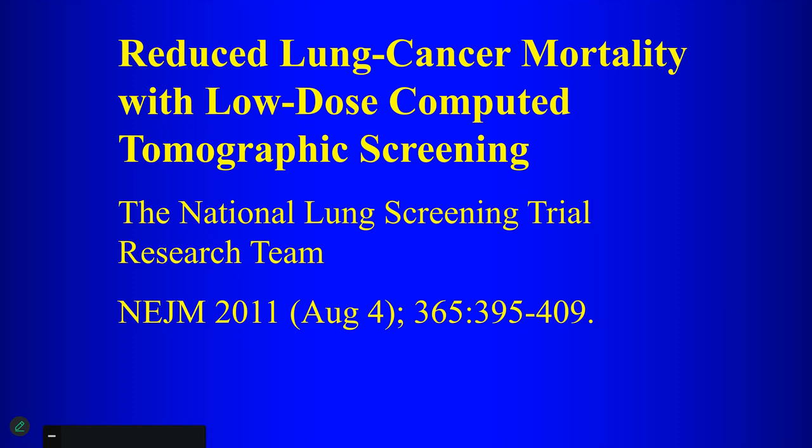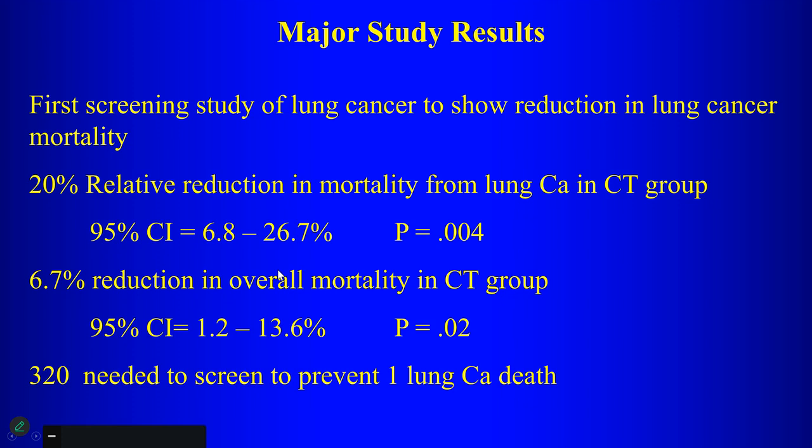So the major study that was done that showed the effectiveness of screening with low-dose CT for lung cancer was the National Lung Screening Trial. This was published way back in 2011. So this was the first screening study of lung cancer to show reduction in lung cancer mortality. The major result was a 20% relative reduction in mortality from lung cancer in the CT group.